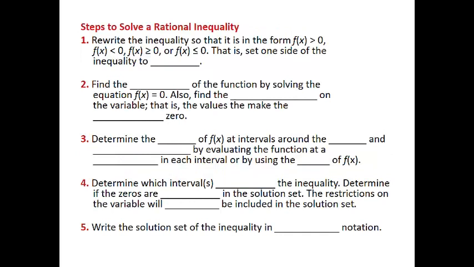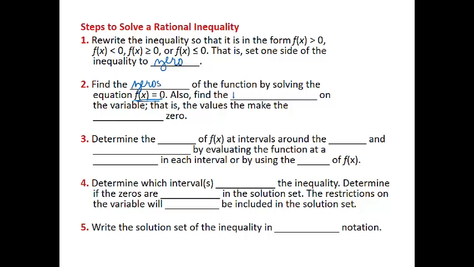Steps to solve a rational inequality are very similar to what we've seen with the polynomial inequalities. We first rewrite it so that one side is 0. And then we want to find the zeros of the function by solving the equation f of x equals 0.